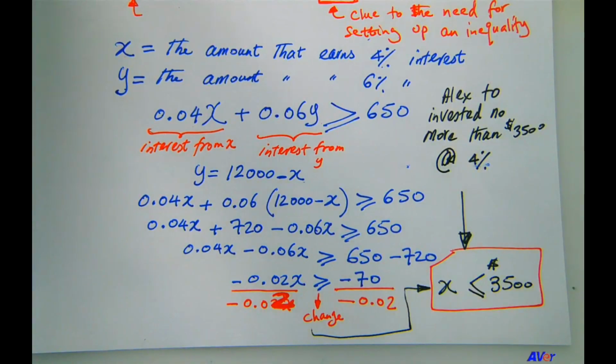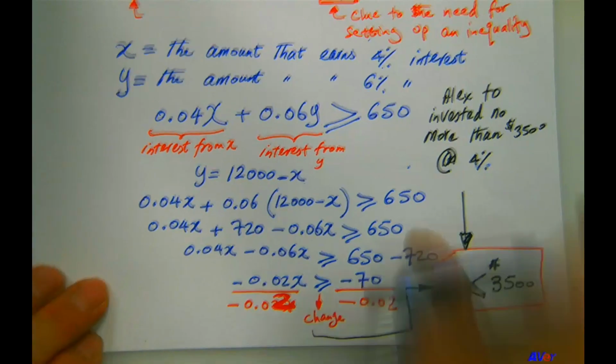Okay, so that would be the interpretation of that. He can put 2,000, 1,500, 3,000, 3,500, but no more than 3,500. All right, I hope this matches the answer you had.